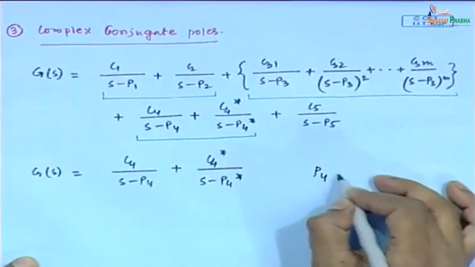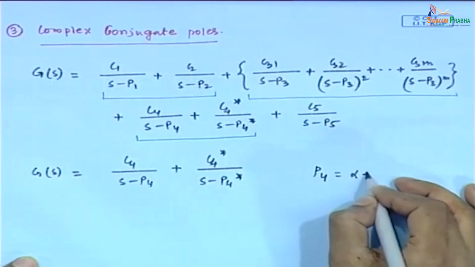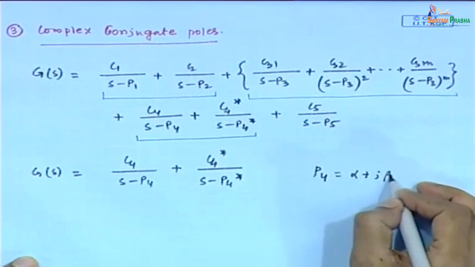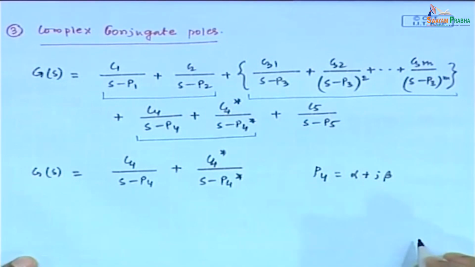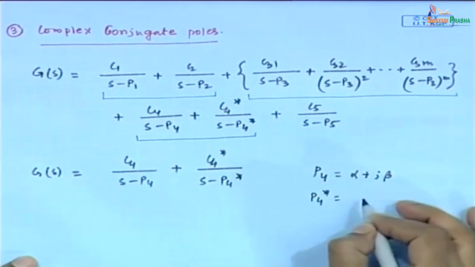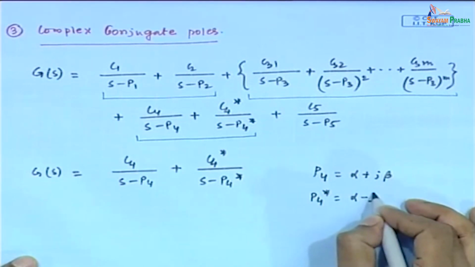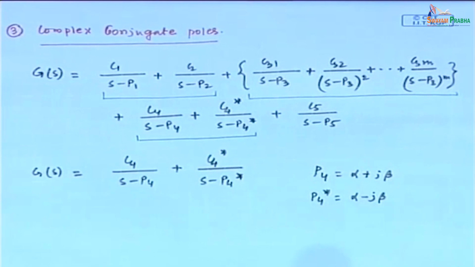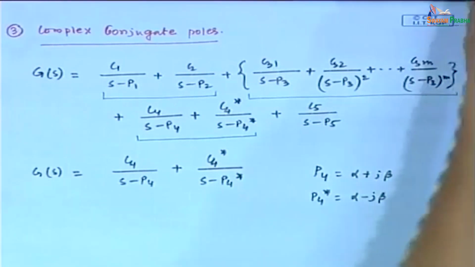So, we will consider P 4 equals alpha plus j beta and P 4 star, that is alpha minus j beta. Fine. These are the two complex poles.